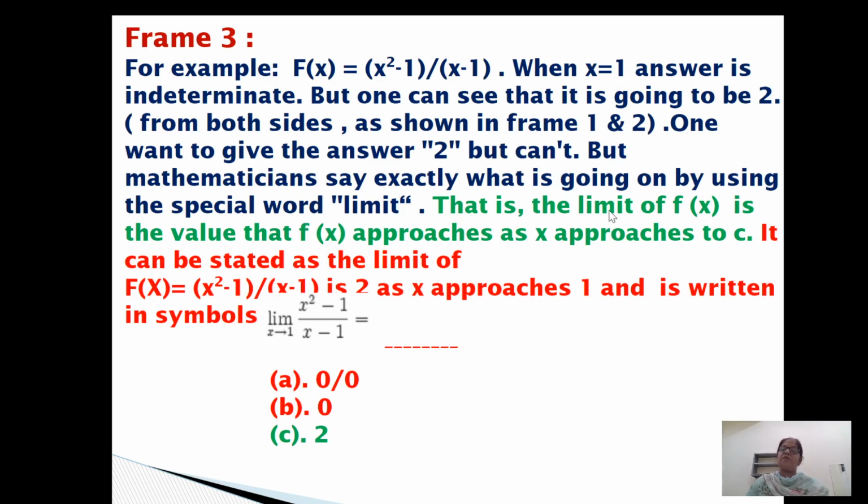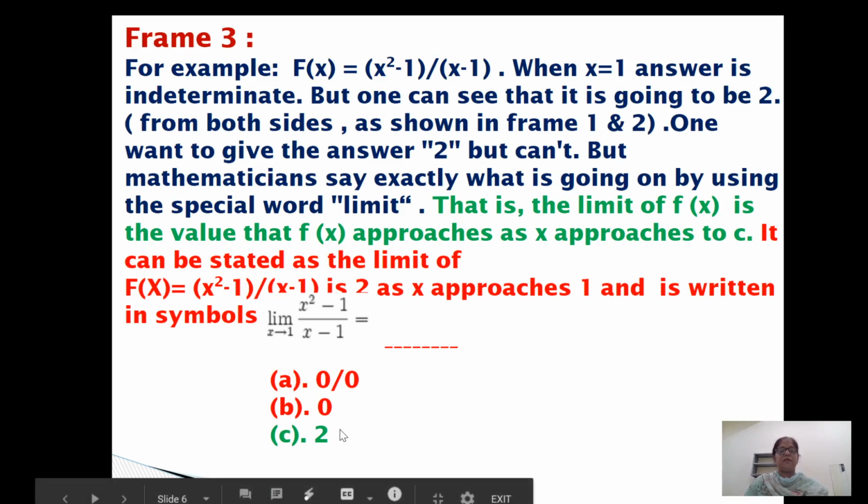That is, the limit of f of x is the value that f of x approaches as x approaches c. It can be stated as: the limit of f of x, which is x square minus 1 divided by x minus 1, is 2 as x approaches 1. Here c is 1. It is written in symbols as limit x tends to 1 of x square minus 1 divided by x minus 1 is equal to what? It will be 2. From both sides the value is 2, then that is the right answer.